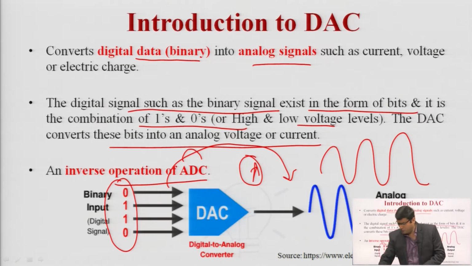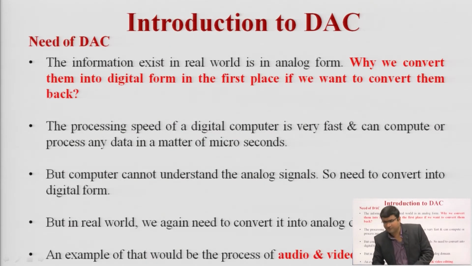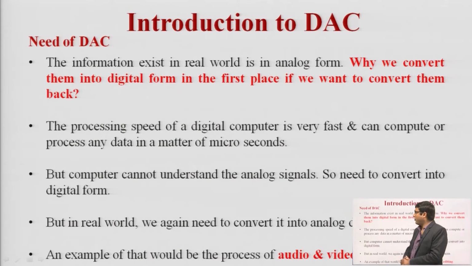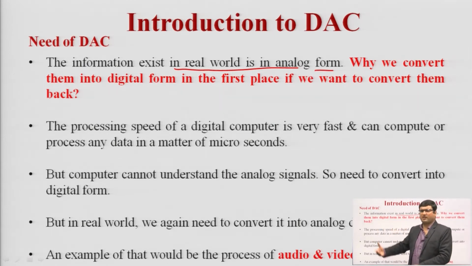So why do we need DAC and ADC? First of all, the information that exists in the real world is in analog form, as we have discussed in the first slide, that the data we are getting from the environment is basically in analog form, like temperature, pressure, etc. So we need to convert it into a digital form.